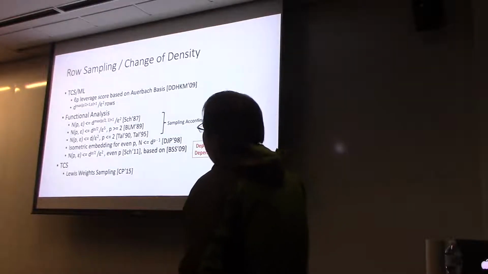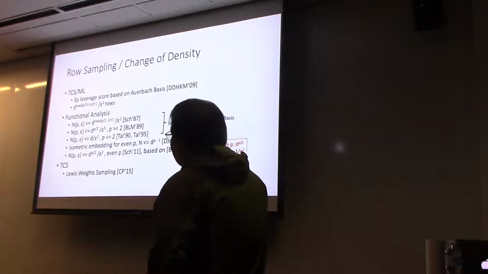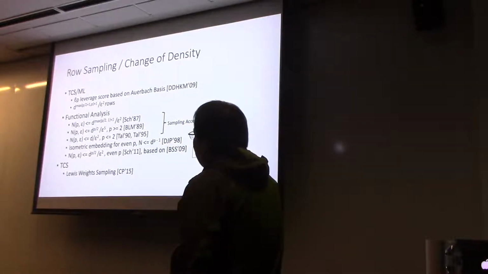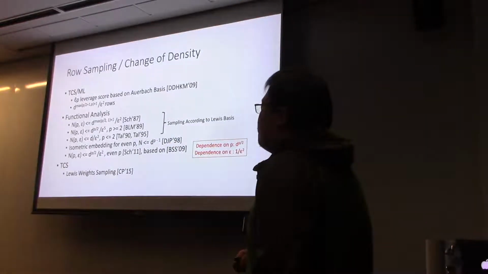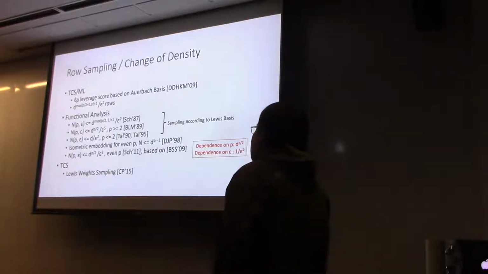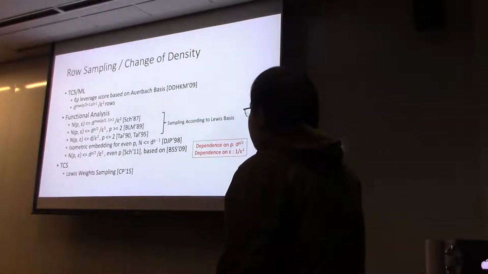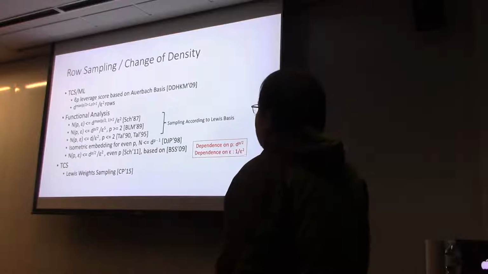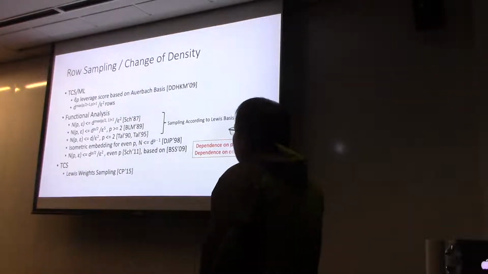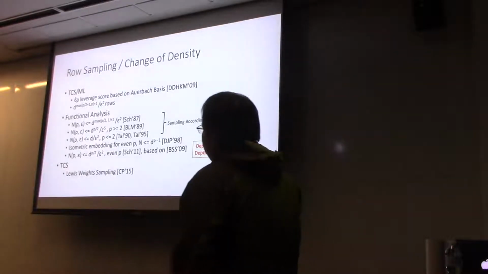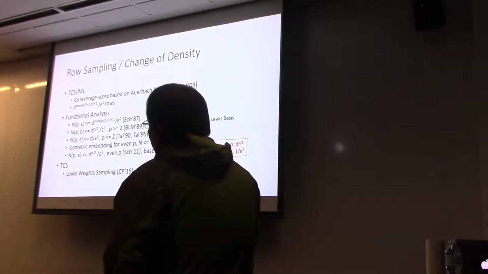He showed that we can sample D to the maximum of P over 2 and 1, over epsilon squared rows to achieve a subspace embedding. This bound was later improved by Bourgain, Lindenstrauss, and Milman for the case when P is larger than 2, where they show that you can actually improve a D factor.